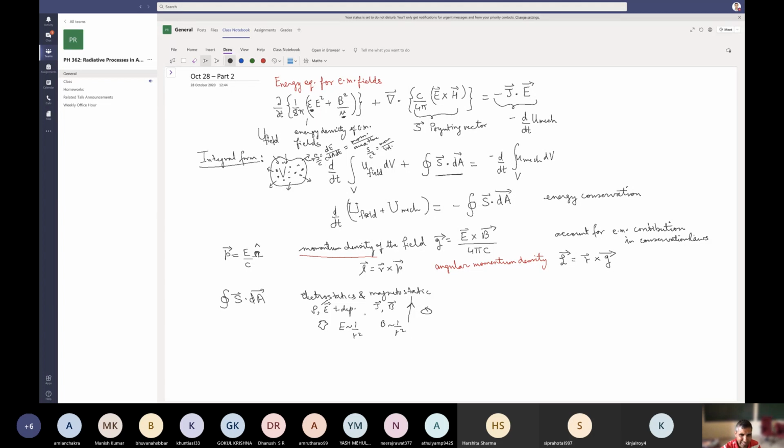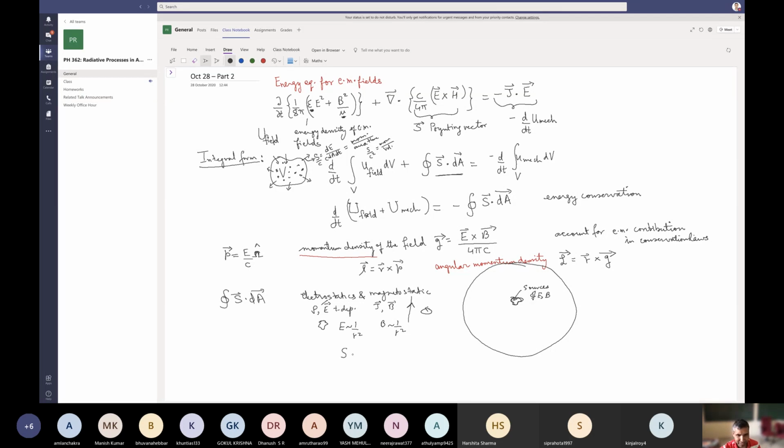So you're considering a volume where all the charges and currents are confined. This is where all the sources are, the sources of E and B. Basically, what are the sources of E and B? Rho and J, right? So all the sources of E and B are in the small volume, and now we are considering a larger surface.